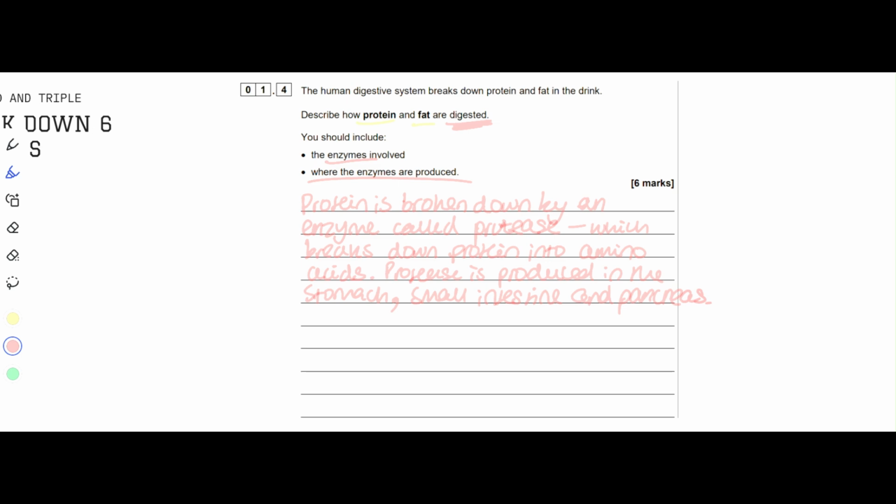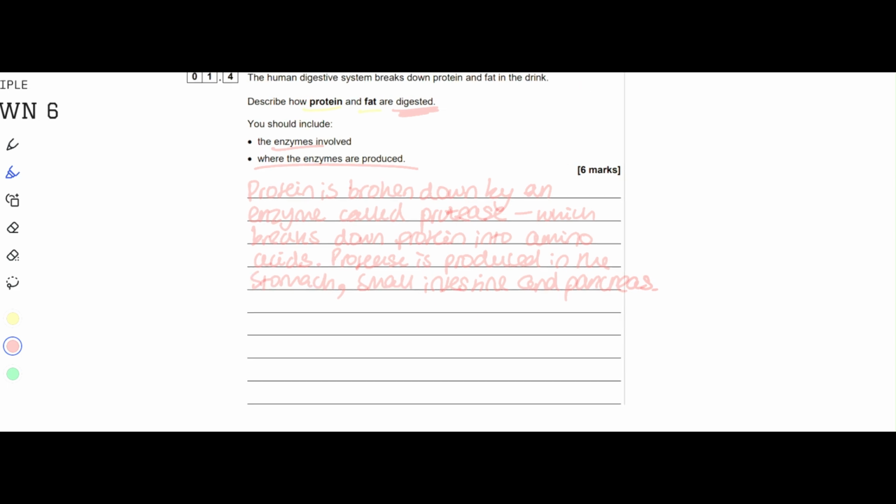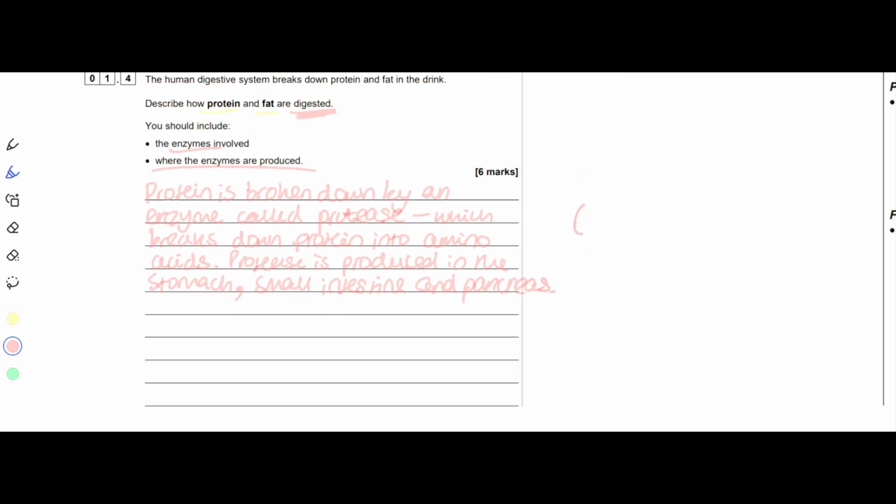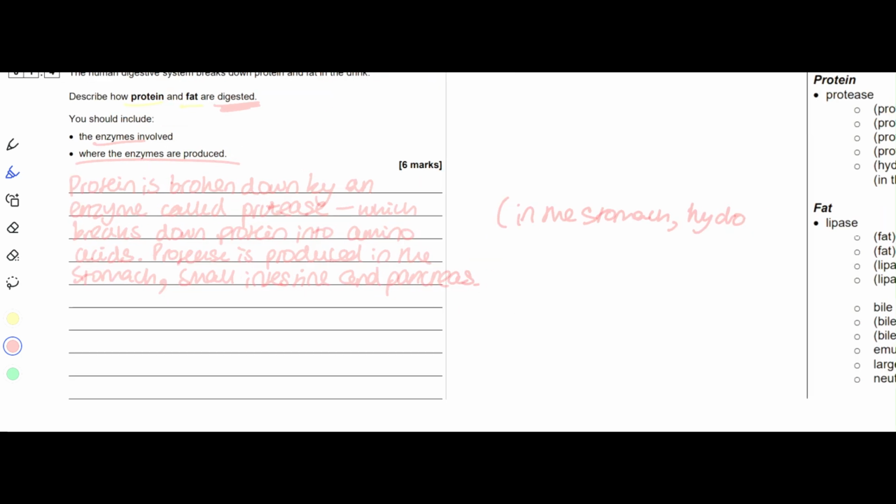Now, what does the acid in the stomach do as well? How could we make sure that in the stomach, the protease function is the best it can be? This is just going that extra level. To go that extra level, you can mention that in the stomach, hydrochloric acid, and I'm going to show you the mark scheme afterwards, which I have on the right side.